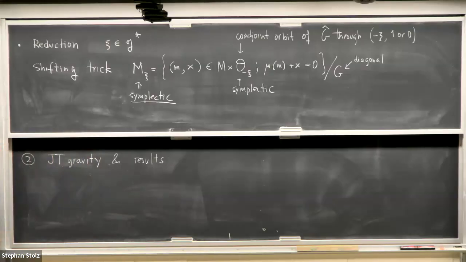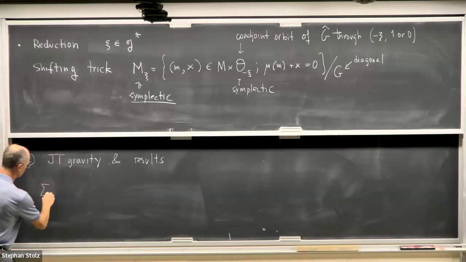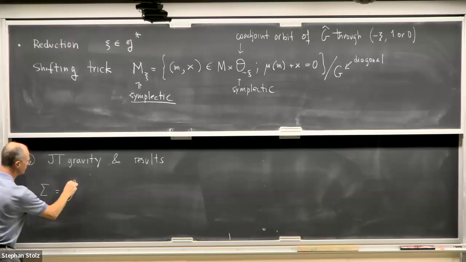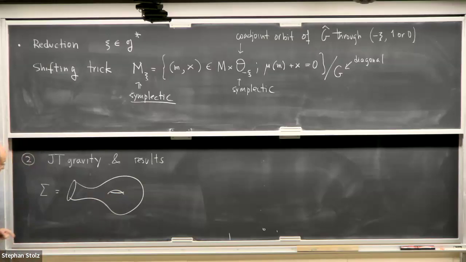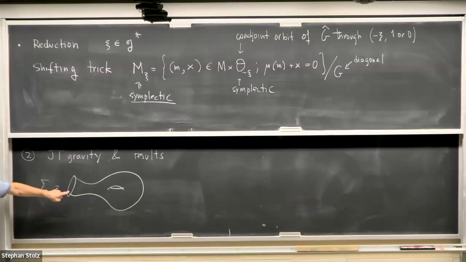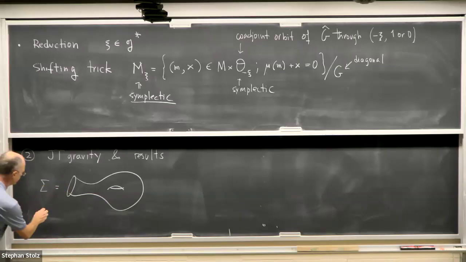So Jackiw-Teitelboim gravity is a Lagrangian field theory, which is defined in the following way. So let's consider sigma. It will be an oriented surface, a two-dimensional surface with boundary. To simplify life, I will assume that the boundary has only one connected component. It's a circle, but in principle, you can consider more connected components.